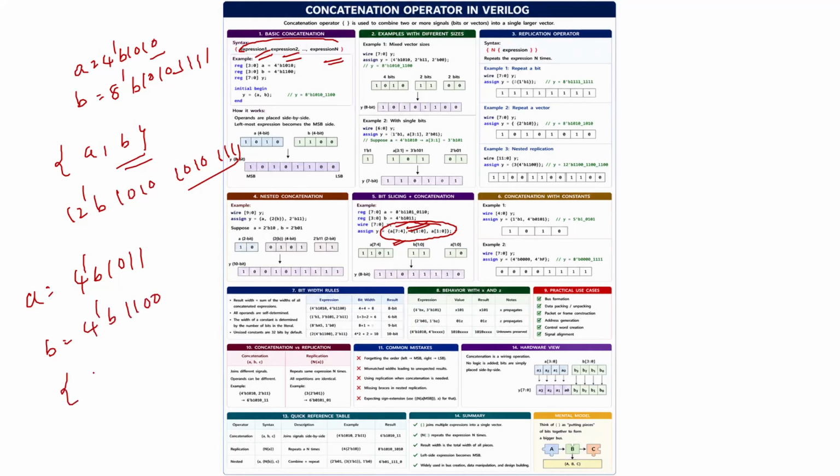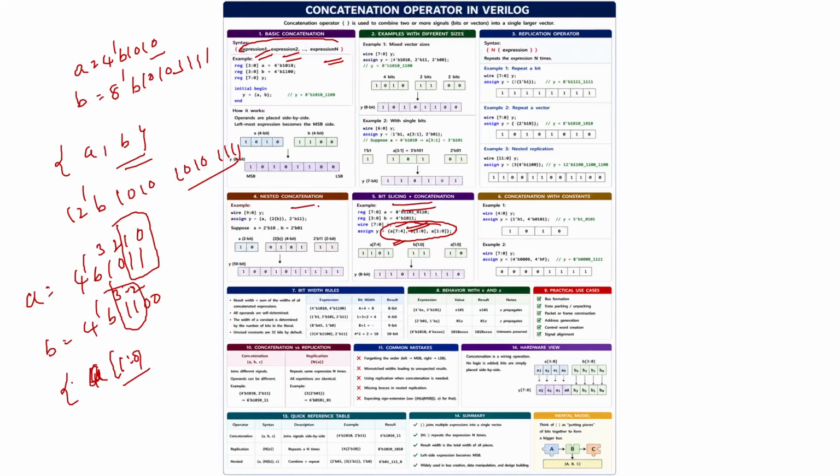Then you are concatenating them. A of 1 down to 0: this is bit 1 and this is bit 0, and this is 2, this is 3. Okay, these two bits only are concatenated, and then B of 3 down to 2. So these two bits only we are concatenating. That is the bit slicing concatenation.